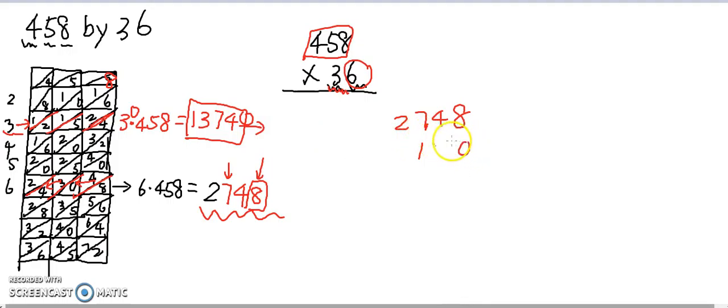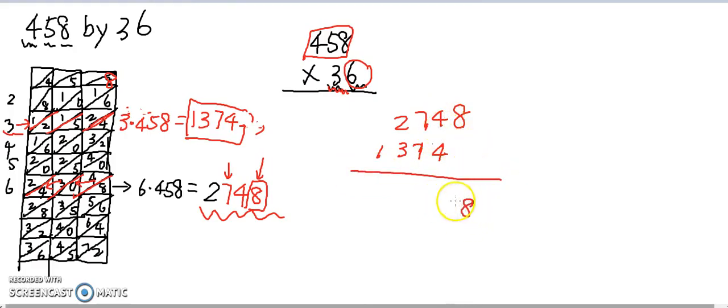So you can put a 0 there, or you can just save space there. So this 0 can be omitted. If we don't write the 0 right there, you are going to have to leave a space there, because this number right here is only 3 times 458, not 30. And now we can add them together.